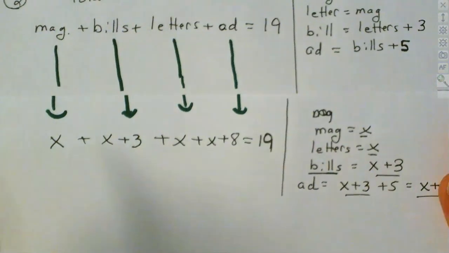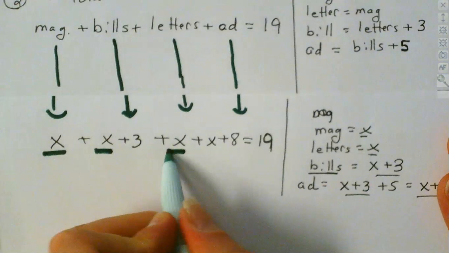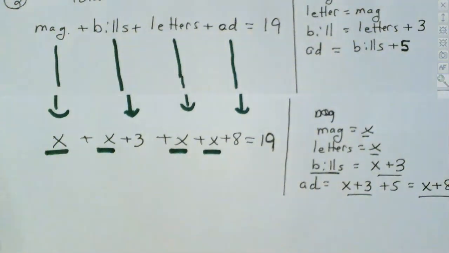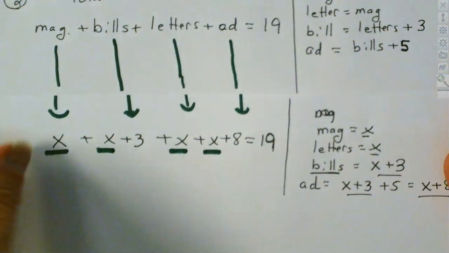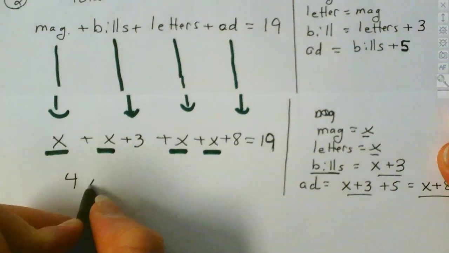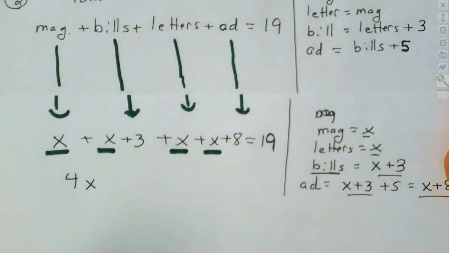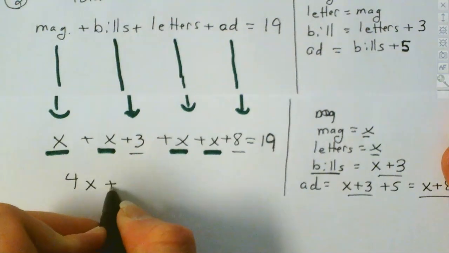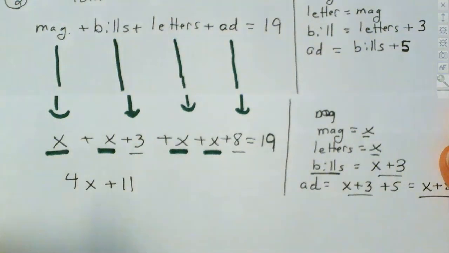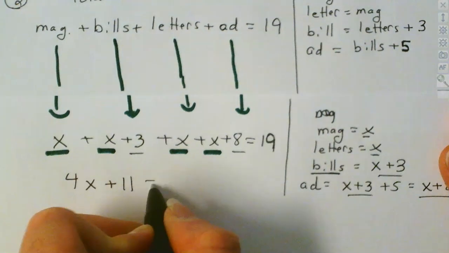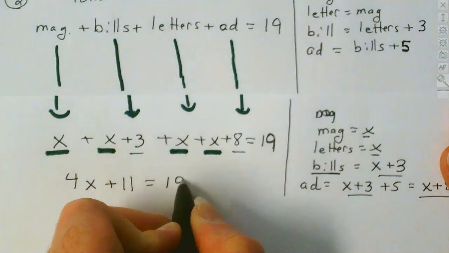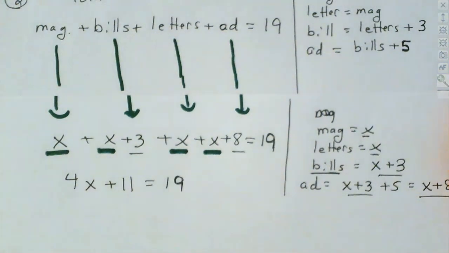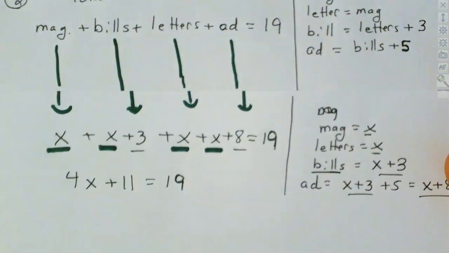How many x's do we have here? If I add them together, I've got 4. Three and 8 makes 11. So I've got 4x plus 11, and that equals what? 19. Now we've got our equation, right?